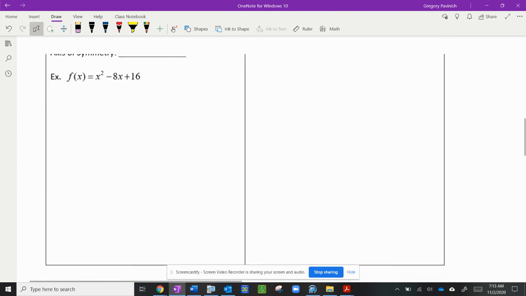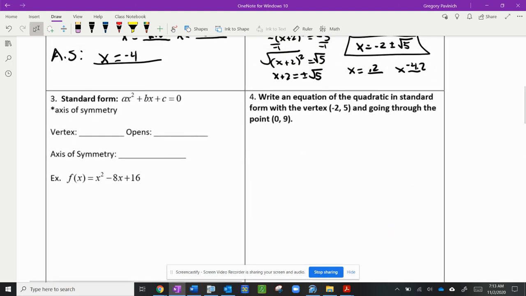There is an equation that you can use to find it every time, and it is x equals opposite b over 2a. If you remember from the quadratic formula, it's a part of it. And my a opens the same up here and down here. So there's the equation for the axis of symmetry.